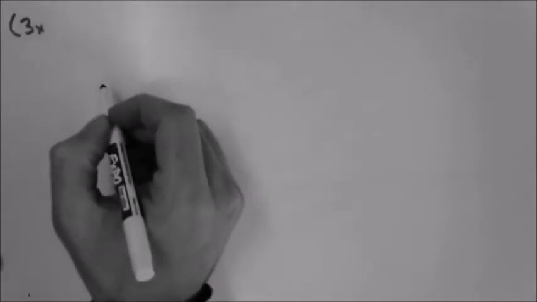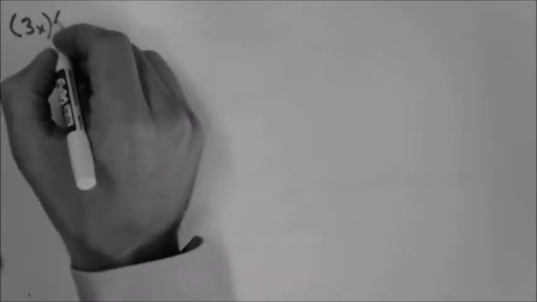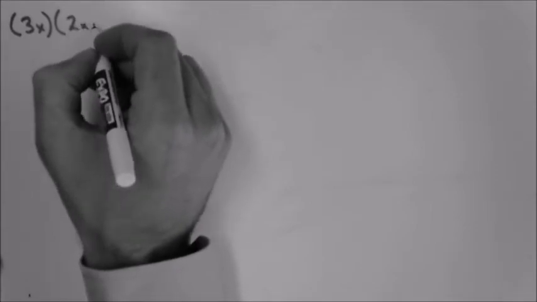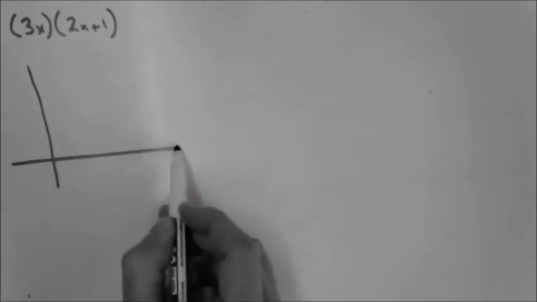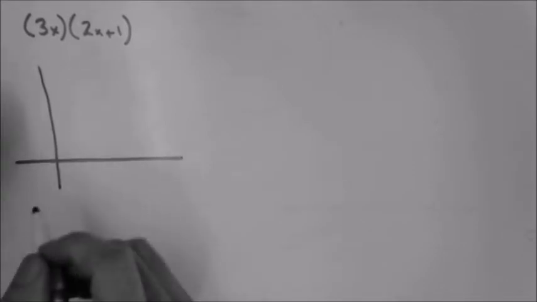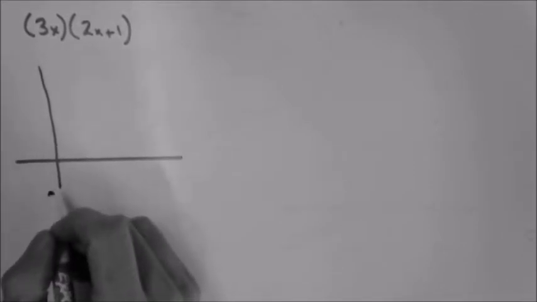Good. Let's go to Example 1, we're using algebra tiles to model the product of, first, 3x times 2x plus 1. So you have your grid drawn for you there. We need to put one of our polynomials in the vertical space and one in the horizontal space. It does not matter what you put where.